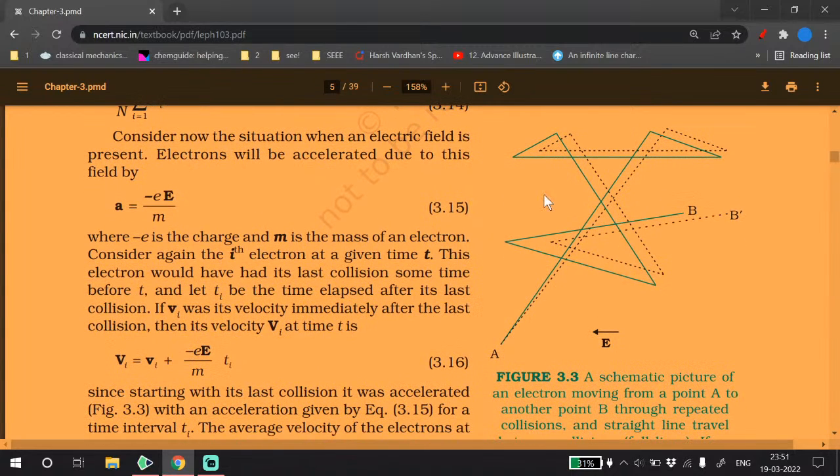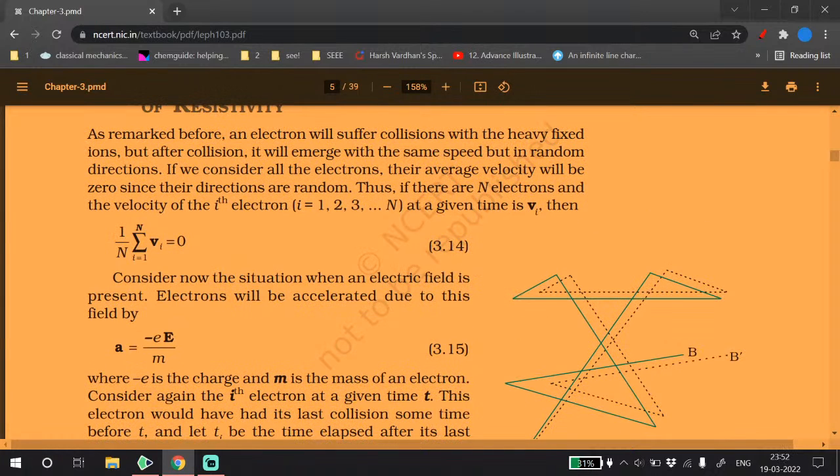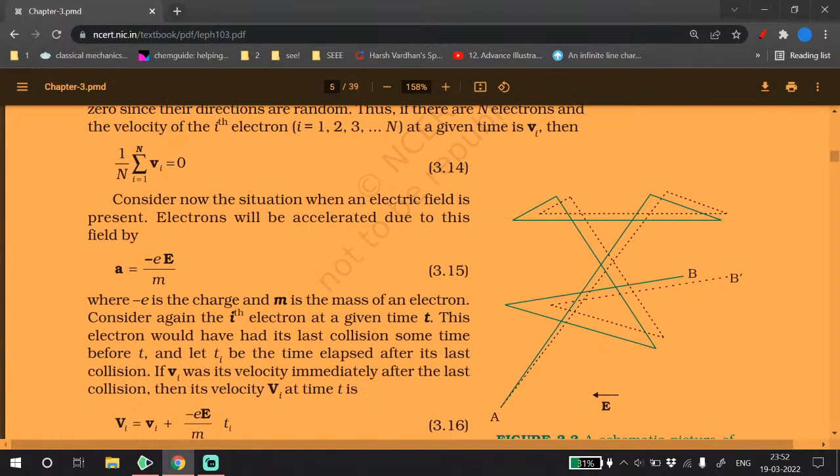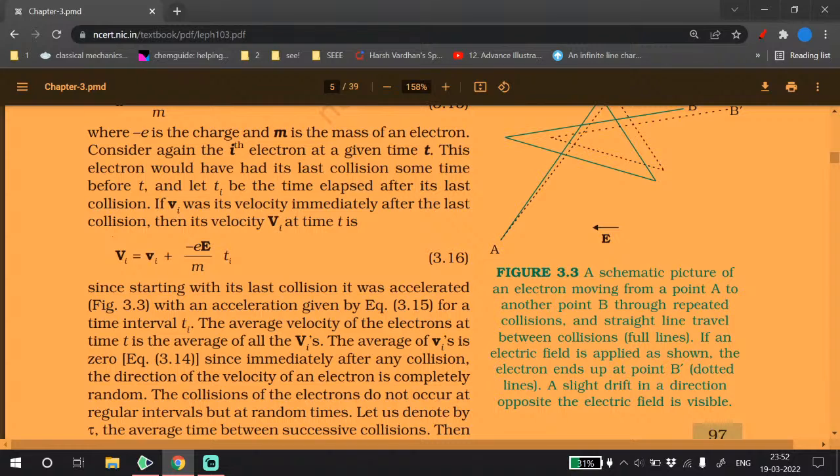So every electron will have the Vi, the capital Vi here, which will be V is equal to U plus aT. So U is the initial velocity that we saw when the field was not applied, and then minus eE by m, the acceleration, and Ti, the time elapsed since the last collision.